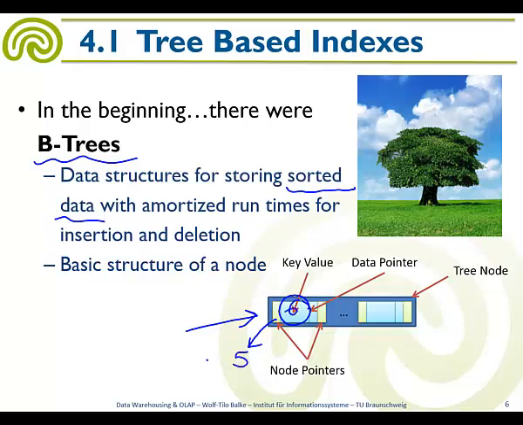This would be a 5, down to negative infinity or so. Everything on the right is bigger than 6. So the children on the right are bigger, and the children on the left are smaller than the parent. And then you have a data pointer over here, and the data pointer takes you exactly to the location on the hard disk where this key value exists. So as soon as you find the key value you're looking for, you hop into the data pointer, and it takes you to where that value is on disk.